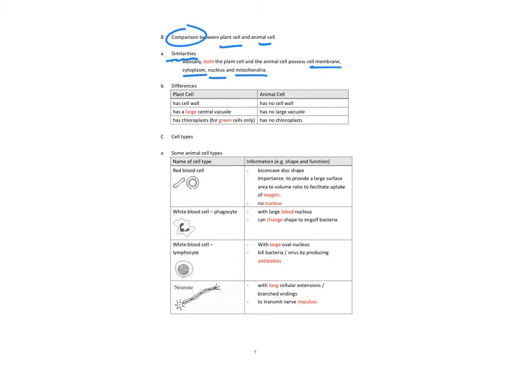Some cells do not have a nucleus, like the red blood cell, but we will talk about that a little bit later on. These are the similarities. The differences: plant cells have cell walls and animal cells have no cell walls. Plant cells have a large central vacuole while animal cells have no large vacuole. They may have small vacuoles called vesicles.